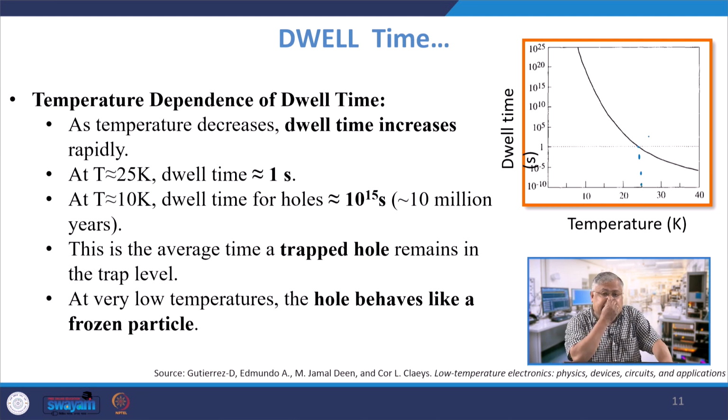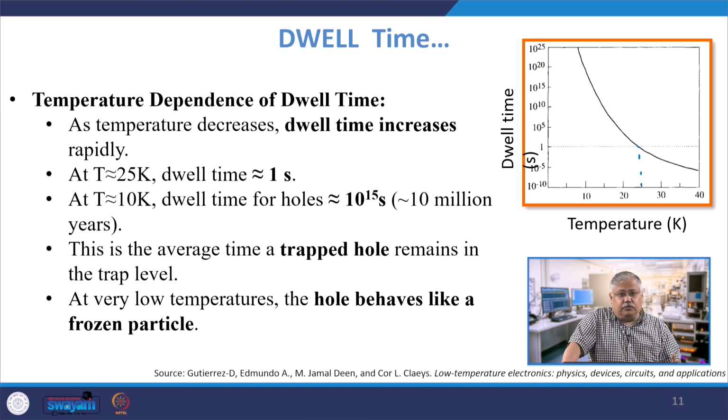And 1 second, please understand, is very large in terms of electronics. At T equals 10 Kelvin, the dwell time for holes is 10 to the power 5 seconds, which is effectively 10 million years.